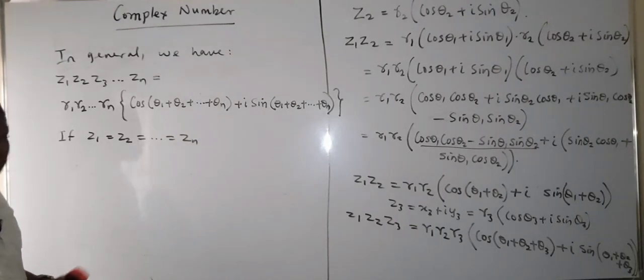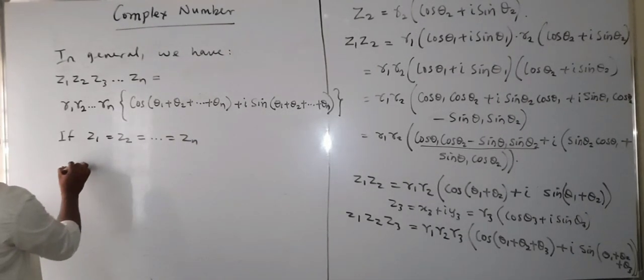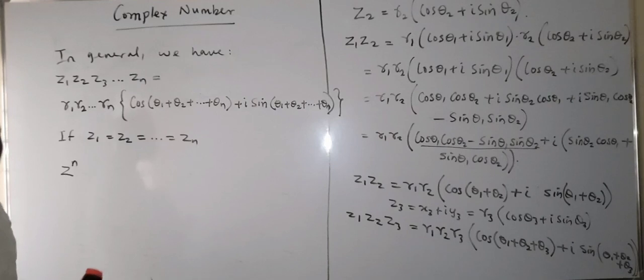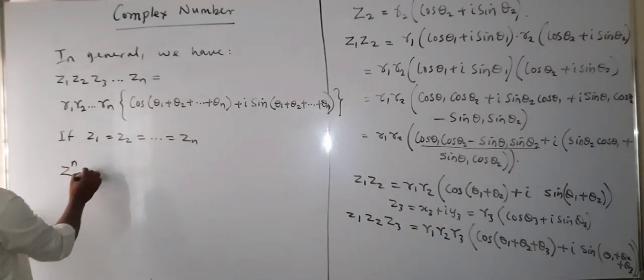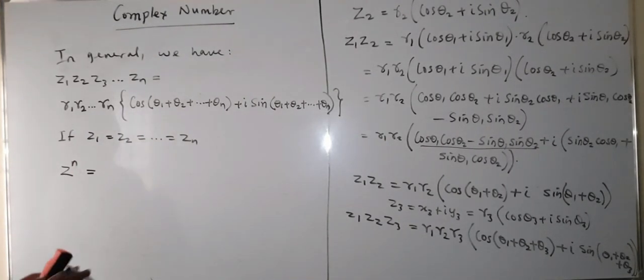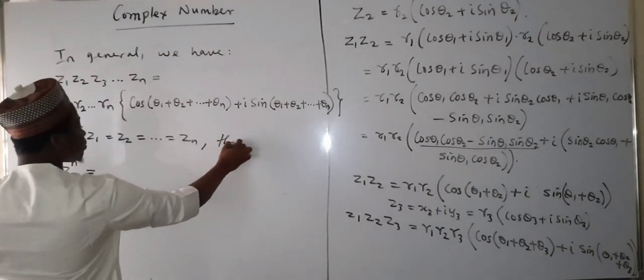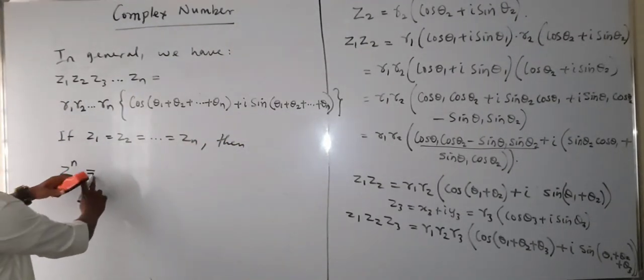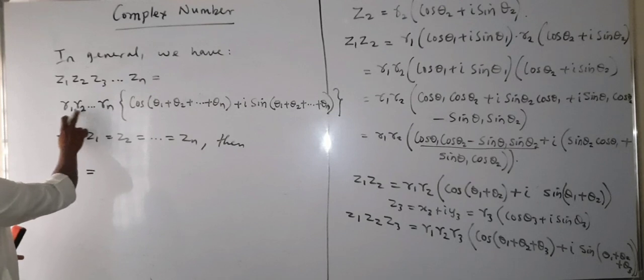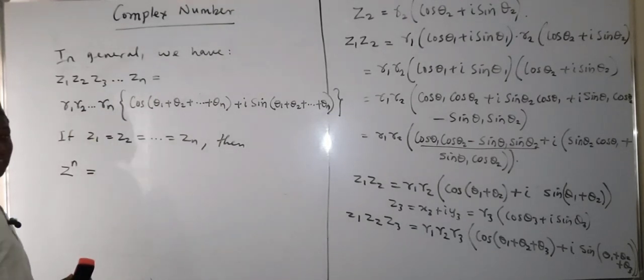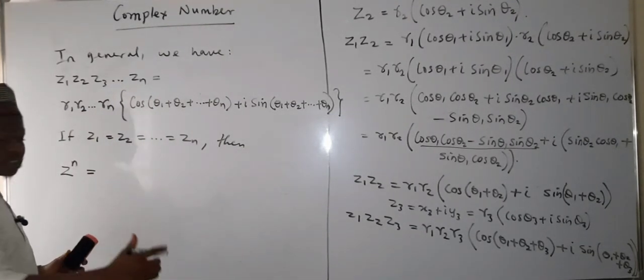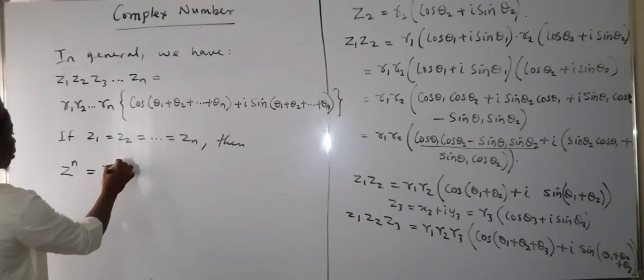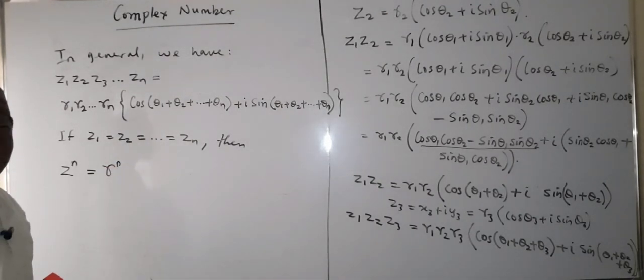So which is z to the power of n, and this is r1, r2 up to rn. So r is in how many times? n times, so we have r raised to the power of n.